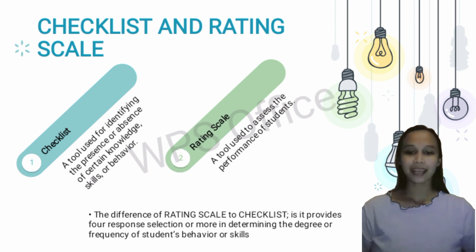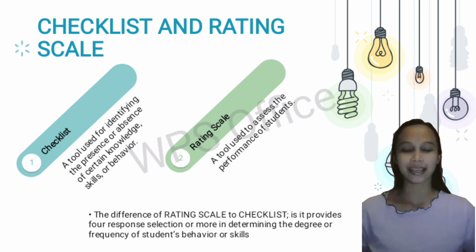So if we say checklist, it is a tool for identifying the presence or absence of a certain knowledge, skills, or behavior. The checklist is a yes or no format. And a rating scale is a tool used to assess the performance of students.